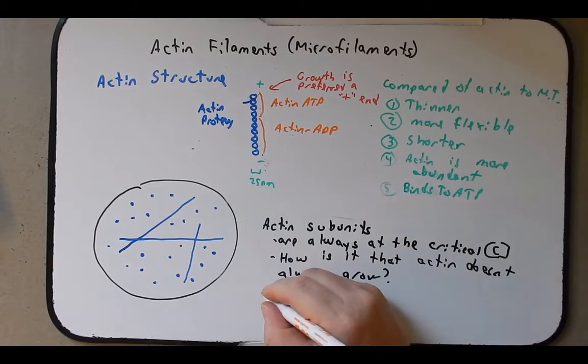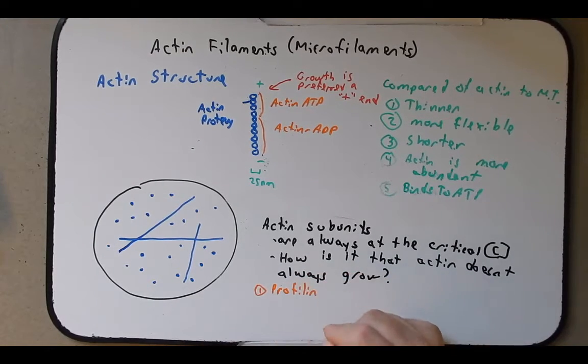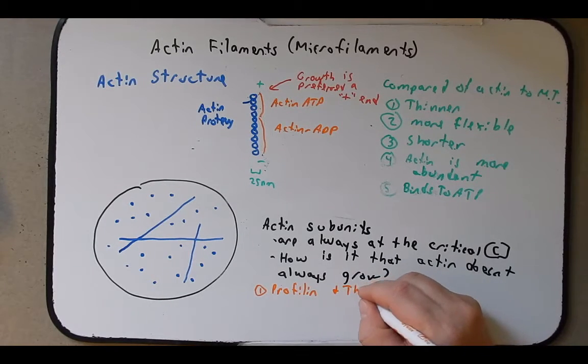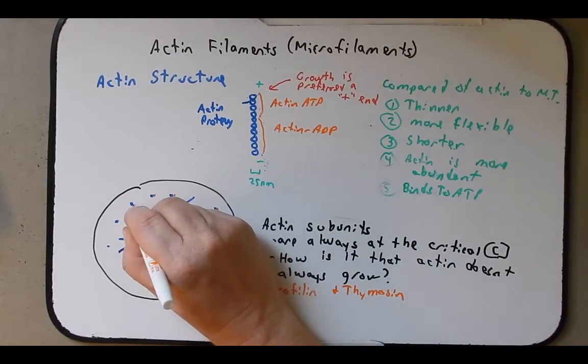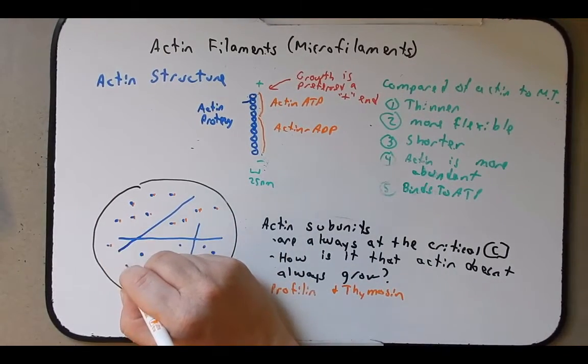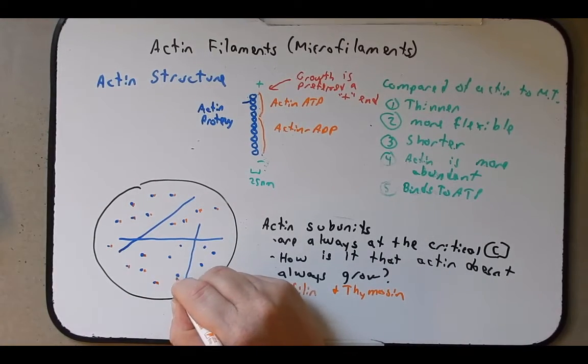There are two strategies. The first is using these profilin proteins and thymosin proteins. These bind to the monomers, and as long as they're bound, the monomers cannot bind to the filaments and extend the length.